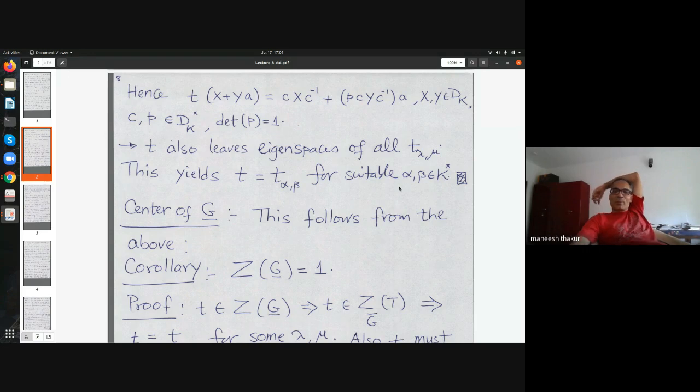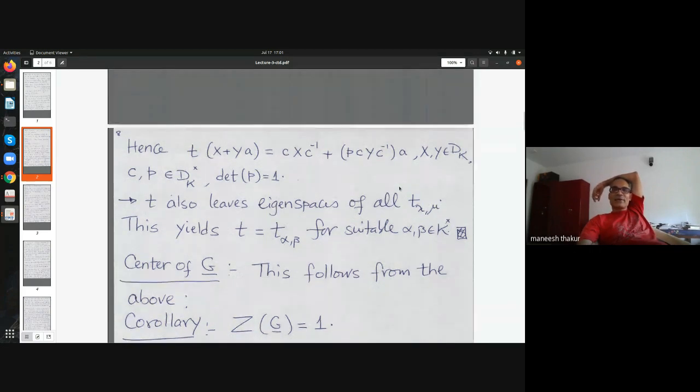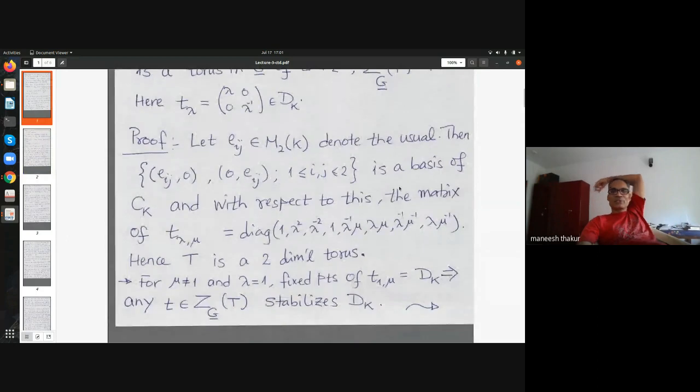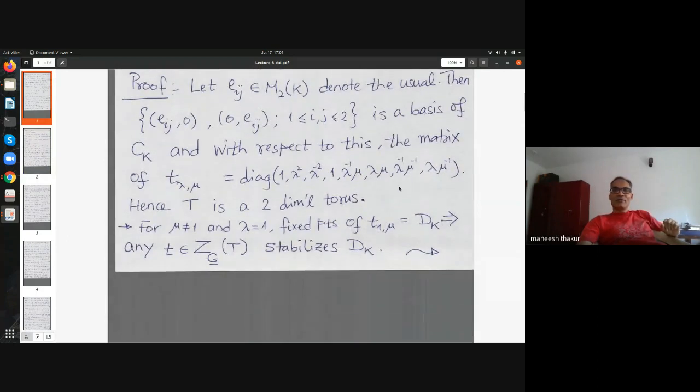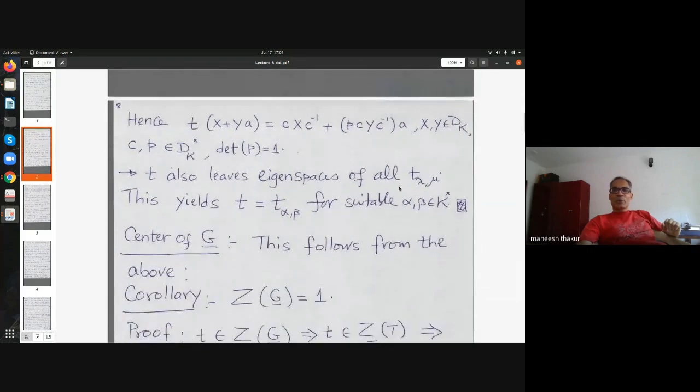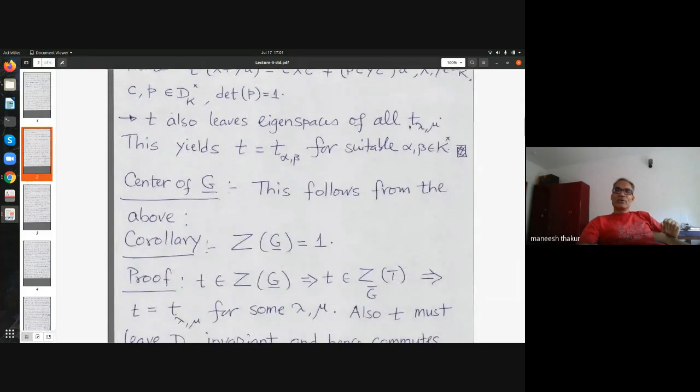So anyway, the crux of the matter is that the centralizer of this torus is itself. These are some explicit computations, simple calculations, which one can do by hand and prove that the centralizer of the torus T is itself. That shows that it's a maximal torus in G lower bar. And its rank is 2.